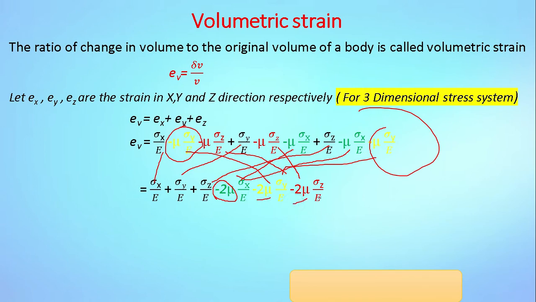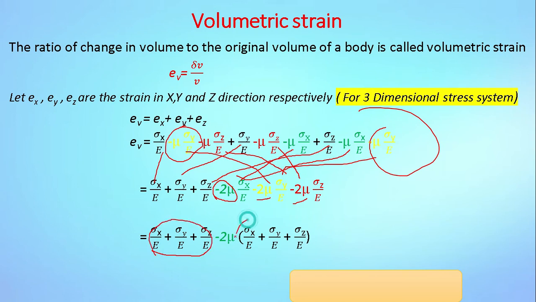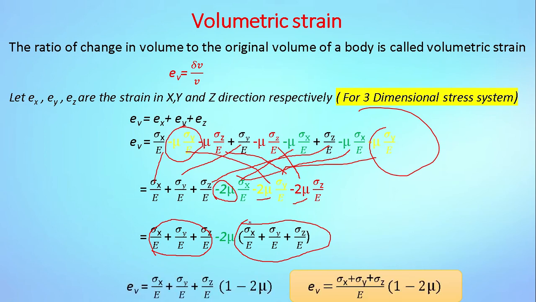So we will take this outside the bracket: minus 2 mu in bracket sigma x divided by E plus sigma y divided by E plus sigma z divided by E. Now this term is common, so we will take this outside the bracket. So the final equation becomes sigma x divided by E plus sigma y divided by E plus sigma z divided by E in bracket 1 minus 2 mu.